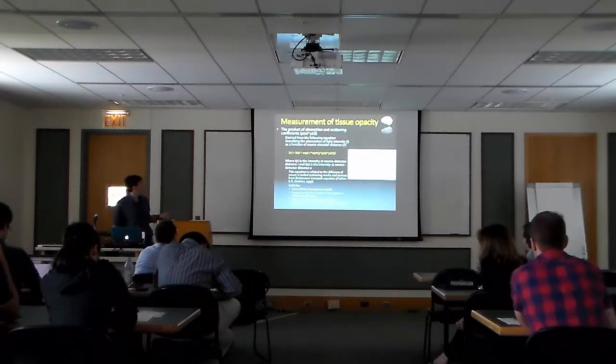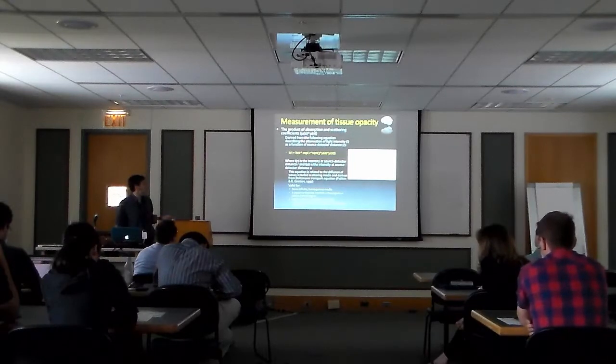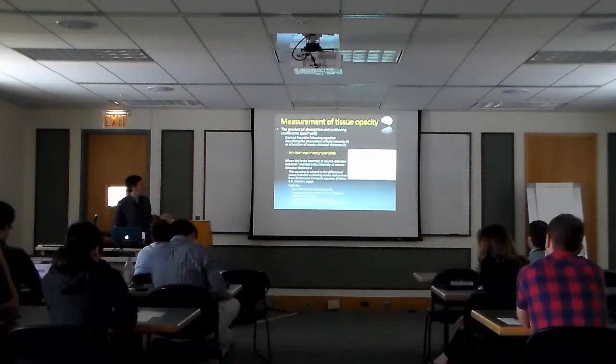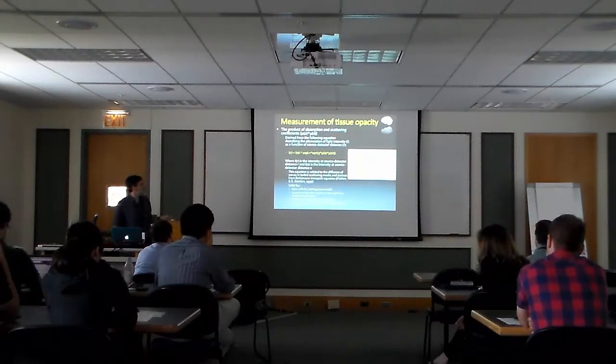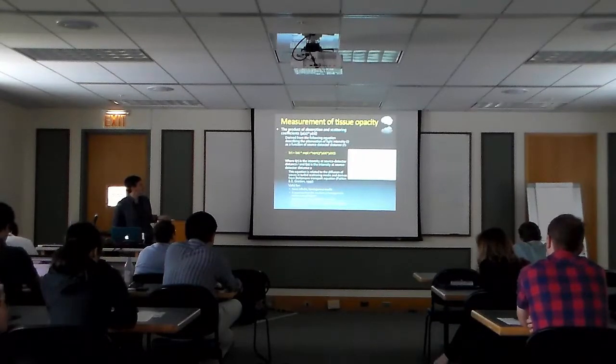We can measure tissue opacity by simply looking at how the light decays with the source-detector distance. This is actually a global measure taken across a number of channels and a number of subjects. On this axis is the source-detector distance, and on this axis is the logarithm of the light intensity that arrives at the detector.